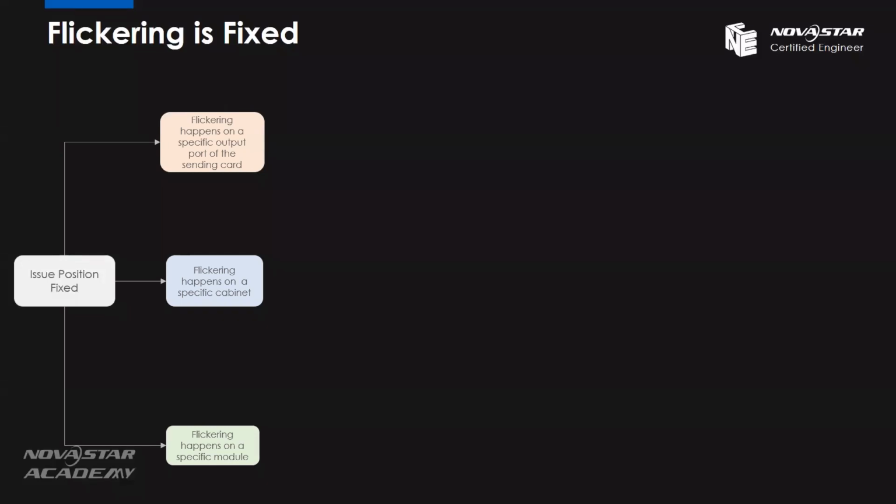First, if it happens on specific output ports of the sending card, what do we have to do? It's very easy. We can just exchange the Ethernet cable, or you can consider we exchange the cable to another output port. For example, now you have the screen using 4 output ports, but the port 1 loading area is flickering.